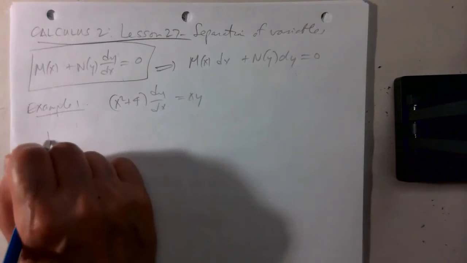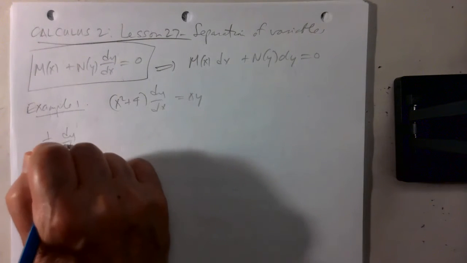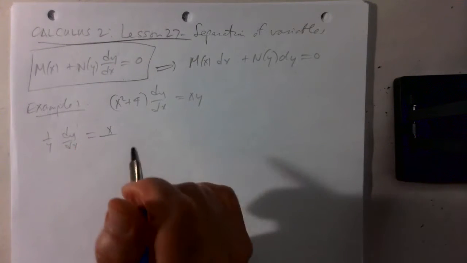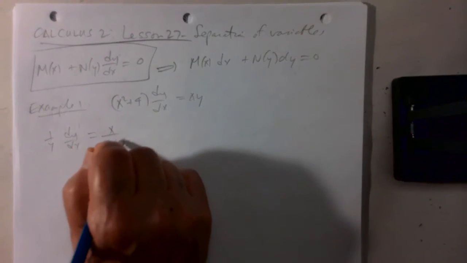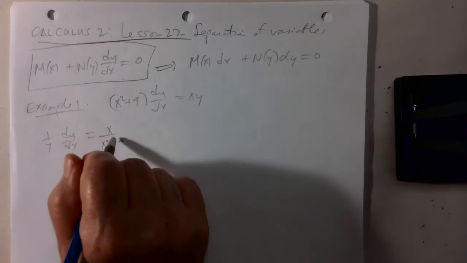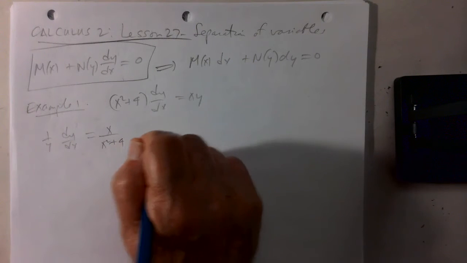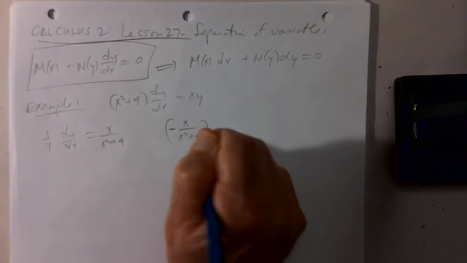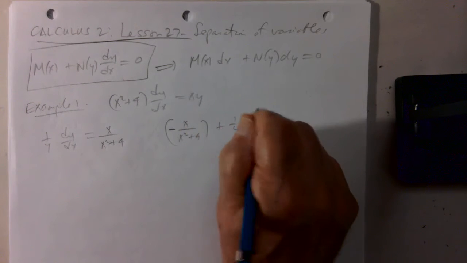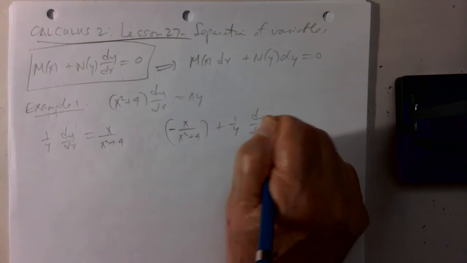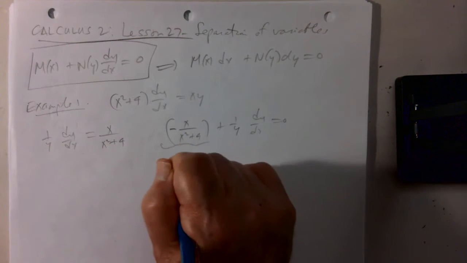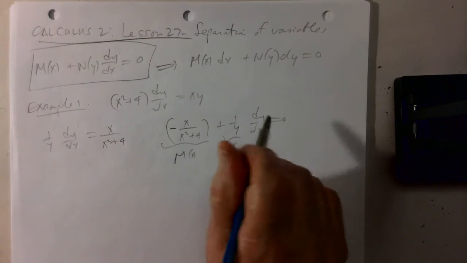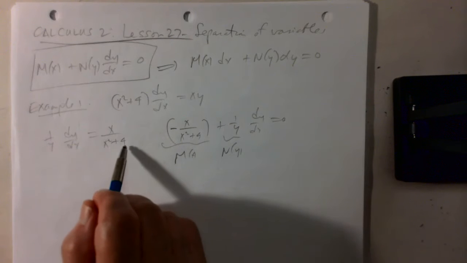We would get 1 over y dy dx equals x over x squared plus 4. If we brought this over on the other side, minus x over x squared plus 4 plus 1 over y dy dx equals 0, this would be m of x, this would be n of y, but there really is no reason to do this. This is the form we want it in.